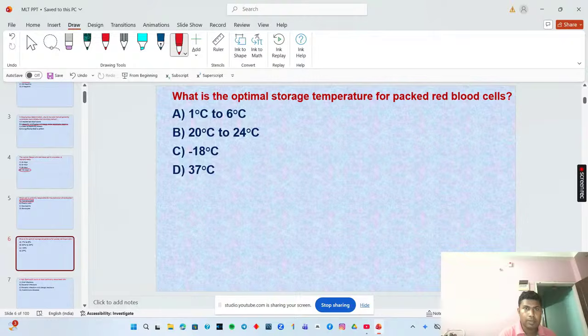It will be 1 degree centigrade to 6 degree centigrade. The answer to this question will be 1 degree centigrade to 6 degree centigrade.